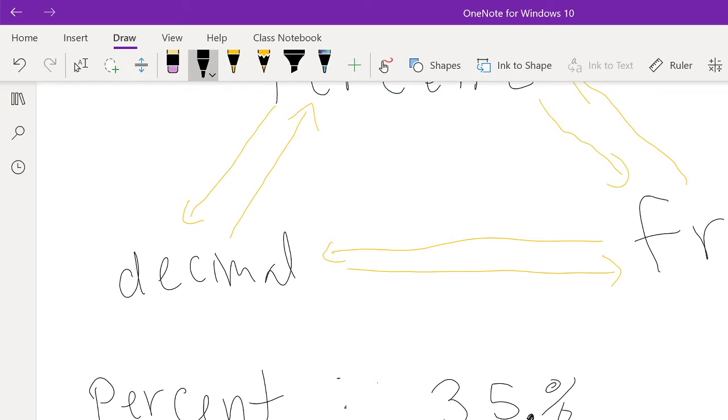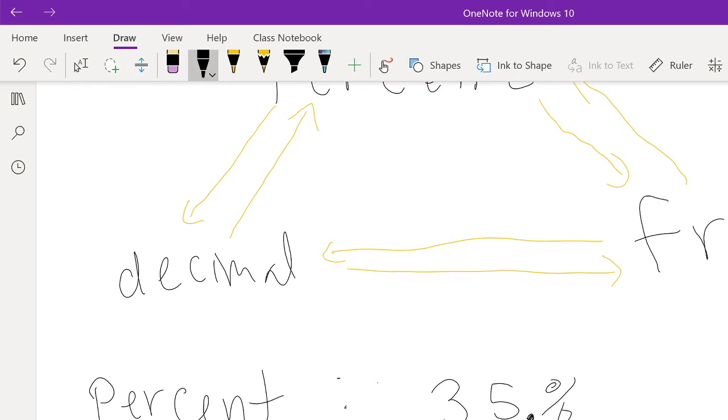We are always going to move the decimal place value 2 places to the left. Again, this is equivalent to dividing by 100, which is exactly what a percent is.